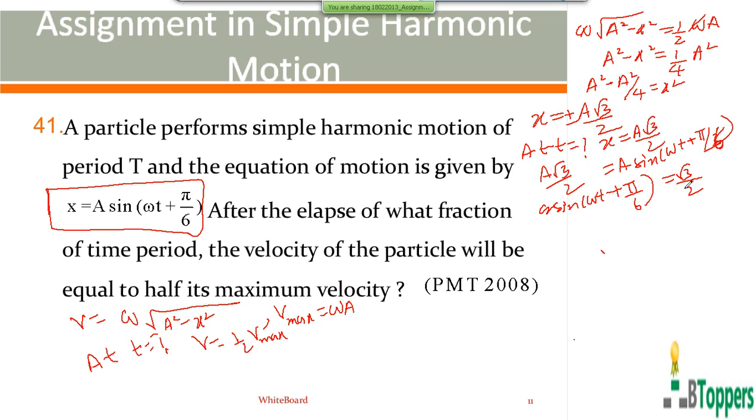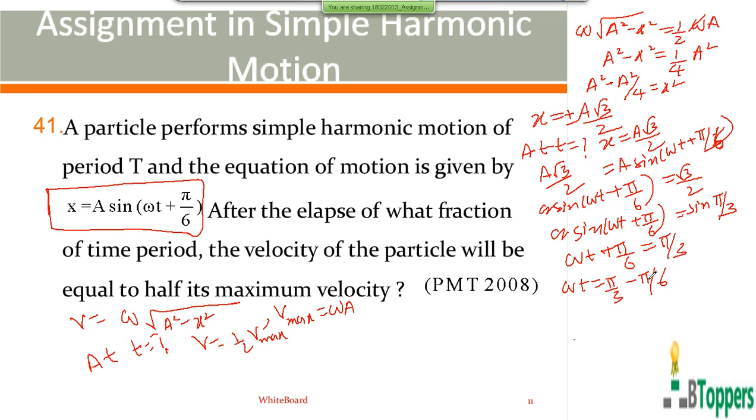As you know, sine 60 degrees is root 3 by 2, that is sine pi by 3 is root 3 by 2. So omega t plus pi by 6 is equal to pi by 3, or 60 degrees. So omega t you can write as pi by 3 minus pi by 6. On the left hand side, omega you can write as 2 pi by time period.